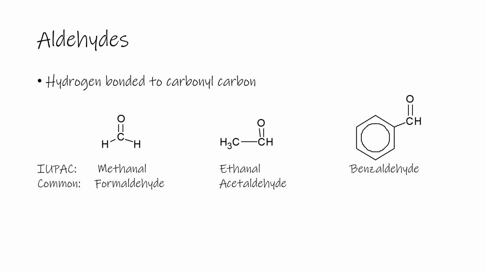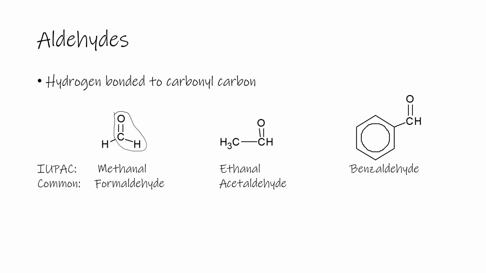Let's look at aldehydes. Aldehydes contain that carbonyl group, and in an aldehyde, a hydrogen is going to be bonded to that carbonyl group. Let's look at this first molecule here. I'm going to circle the functional group for an aldehyde. You have a carbonyl bonding to at least a hydrogen on one side.